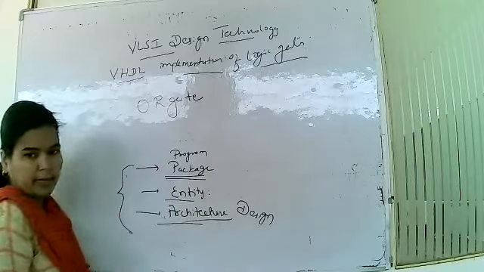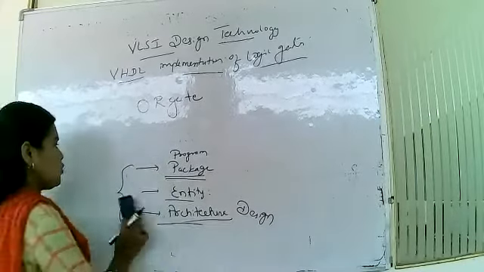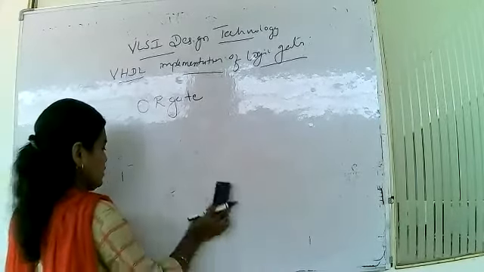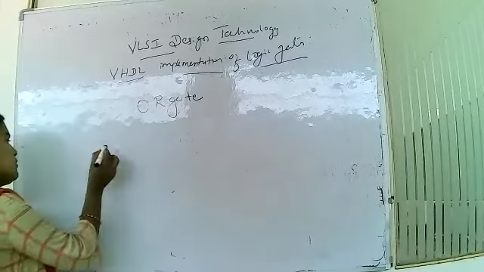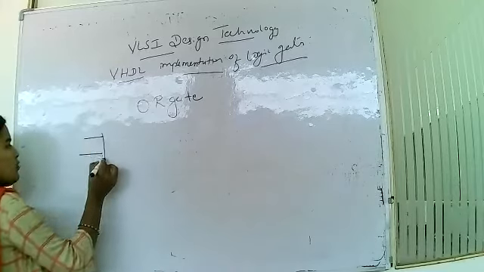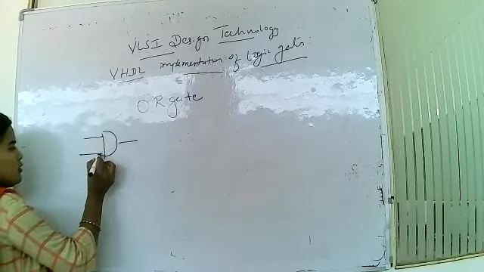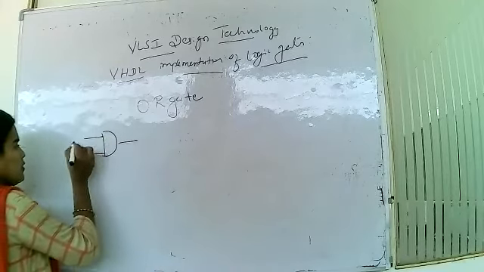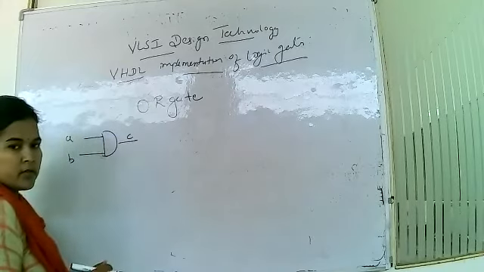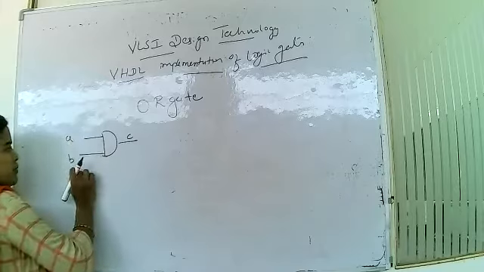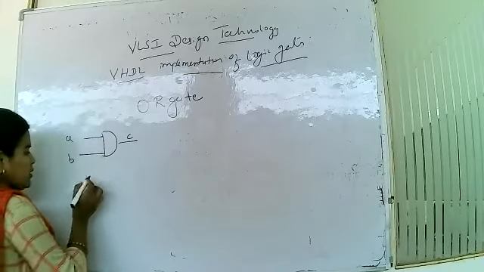Today's lecture is the OR gate VHDL implementation. You know the truth table and the symbol. For the OR gate symbol, we have A, B, C, where A and B are the inputs and C is the output.